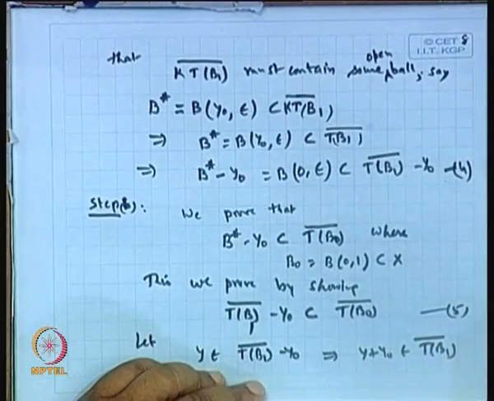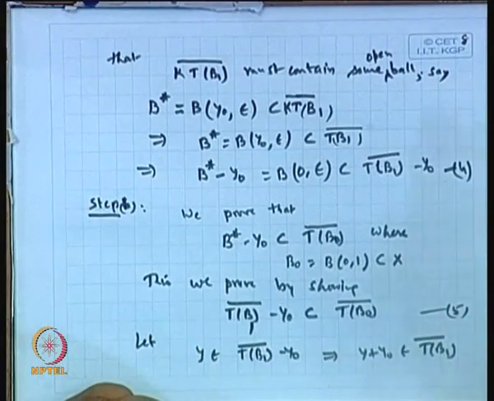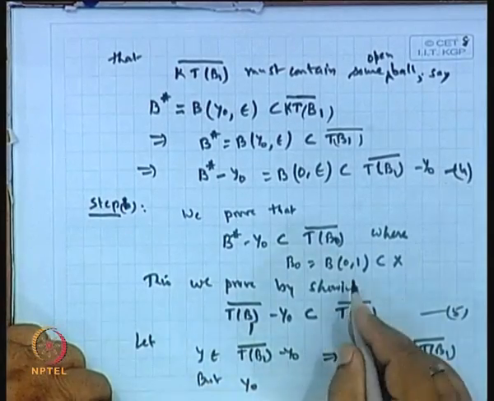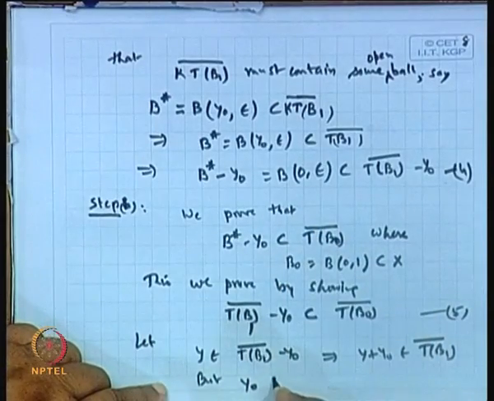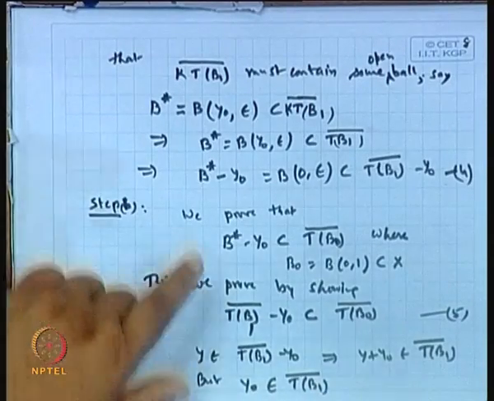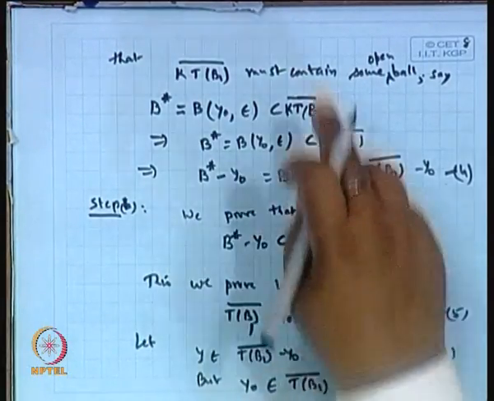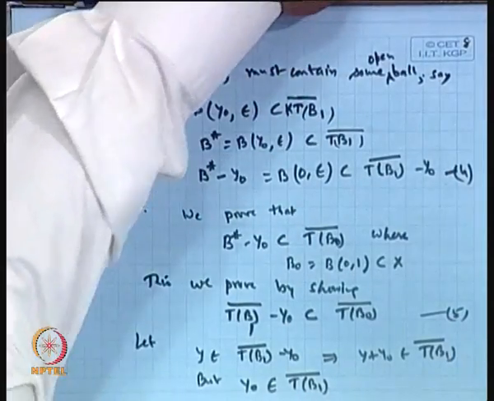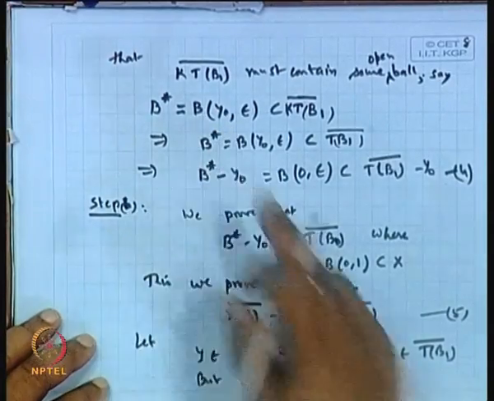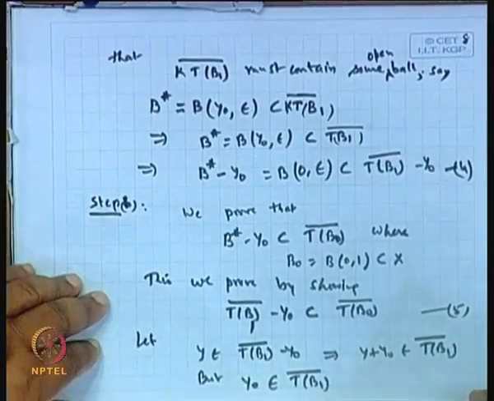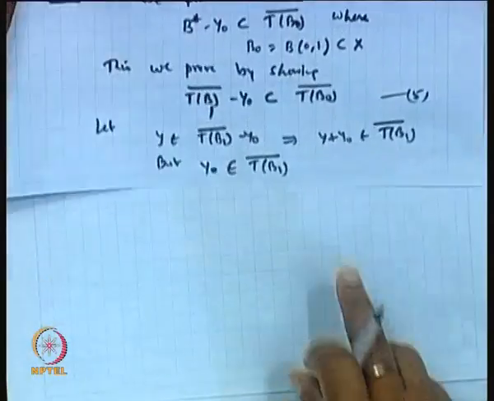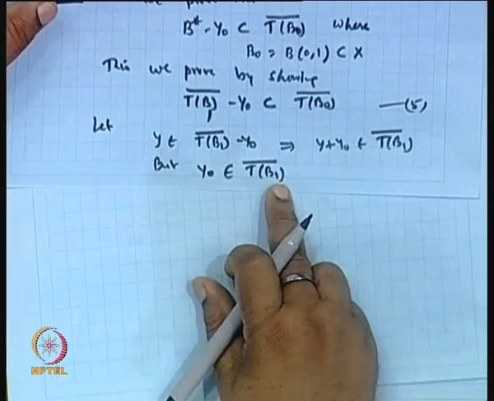And we remember that y naught is the center of this point, so y naught belongs to T B 1 closure already, because it is the center of T B 1. We have shown that y 1 is the center, so y 1 is already in T B 1. So y naught belongs to the closure of this as well.